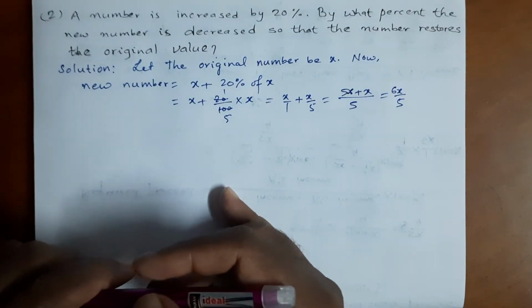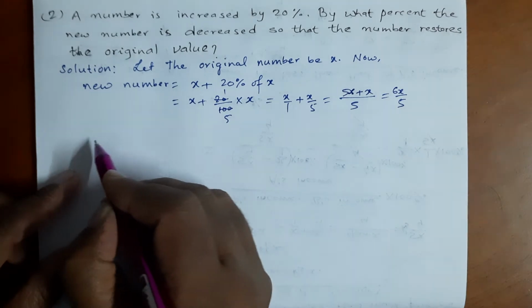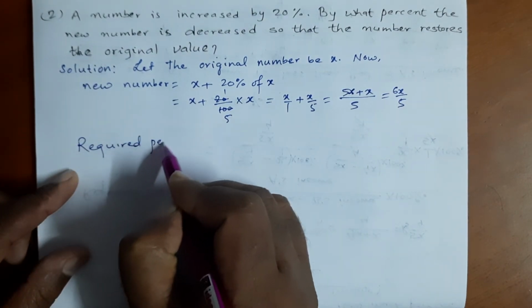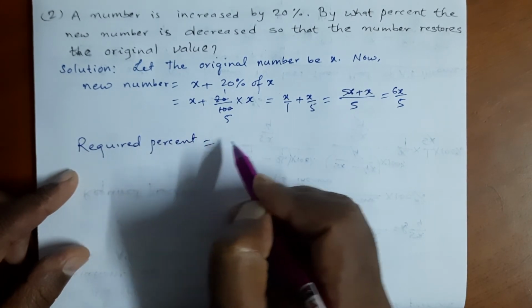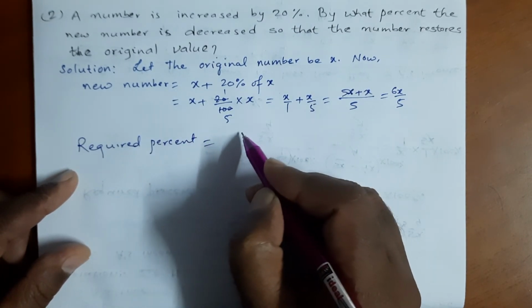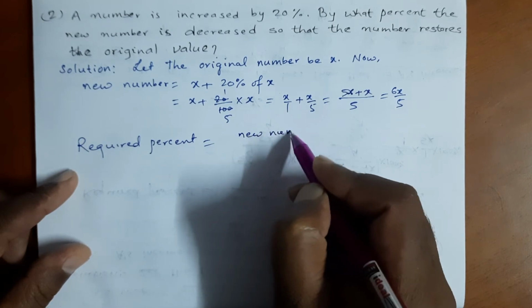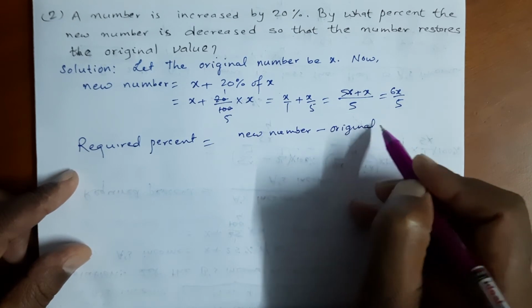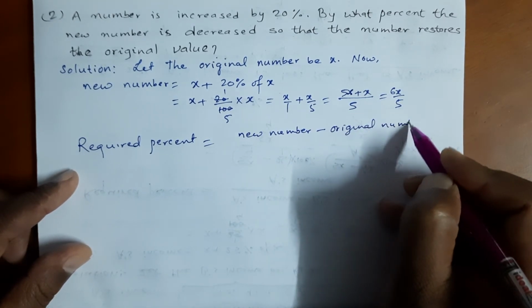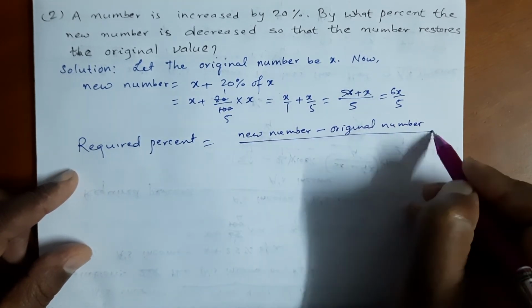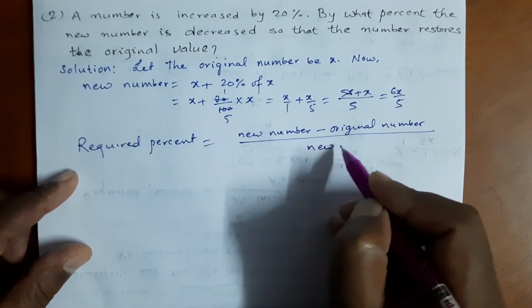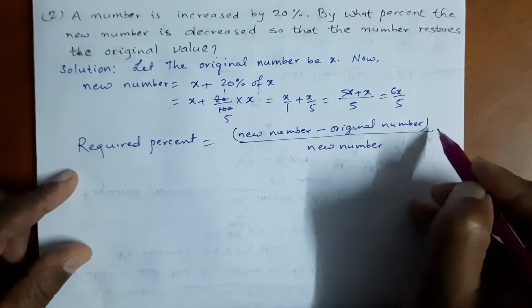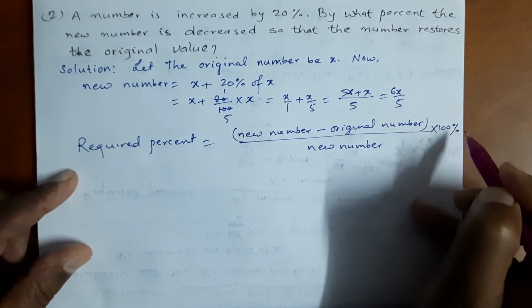Okay, so now to get required percentage equals to now here new number minus original number over new number times 100%.